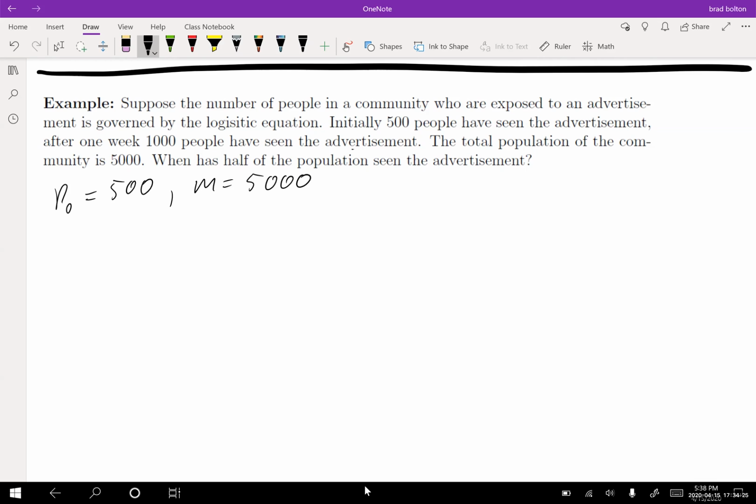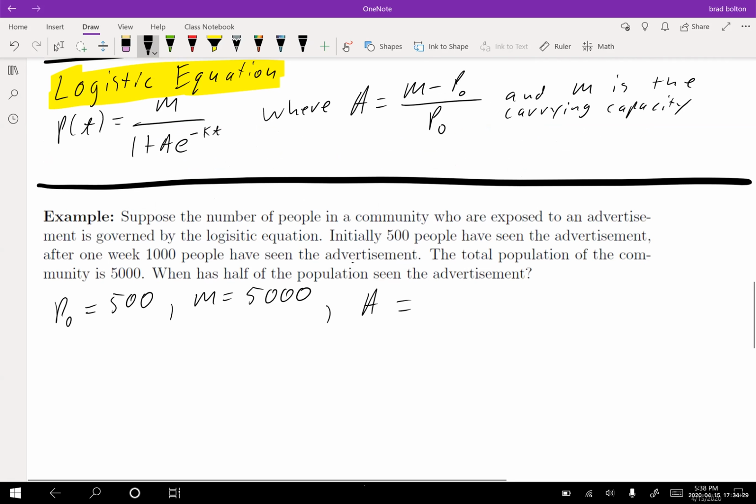The other thing we need to find is A, which can be found by using M, the carrying capacity, minus P naught, the initial population. So we're going to do 5,000 minus 500 divided by 500. So we should get 9. Okay, so that's our A.